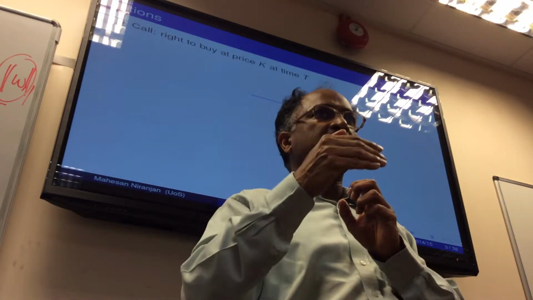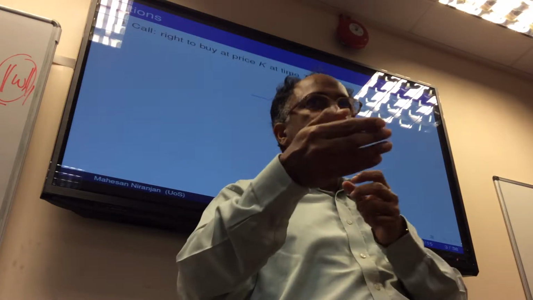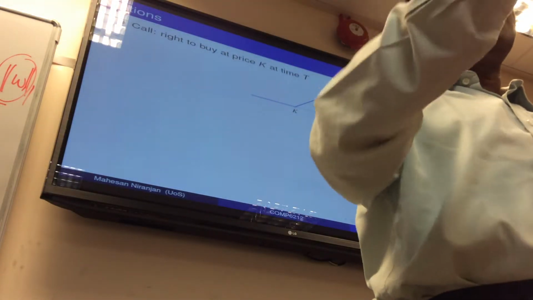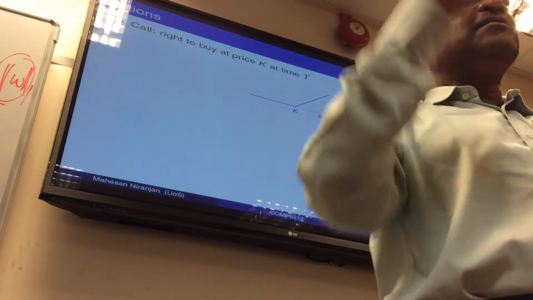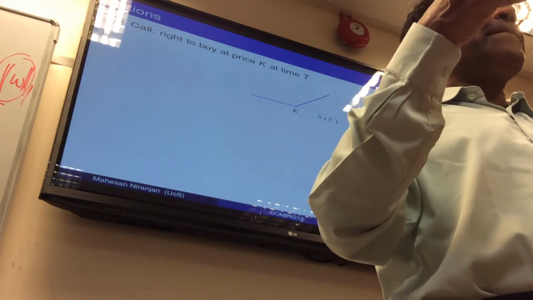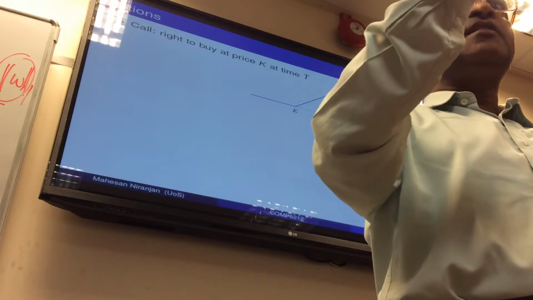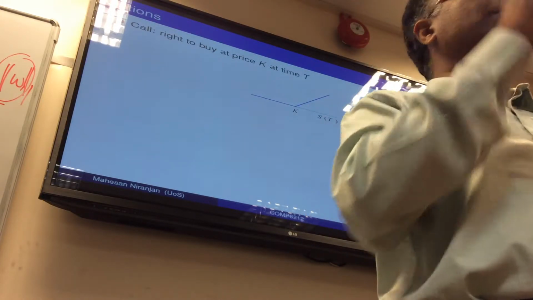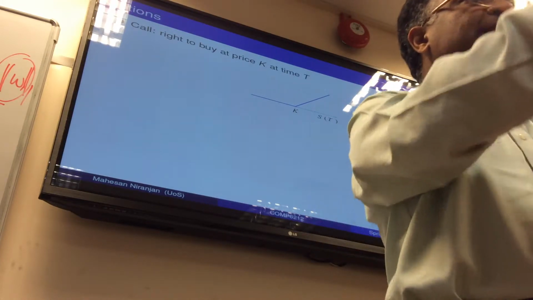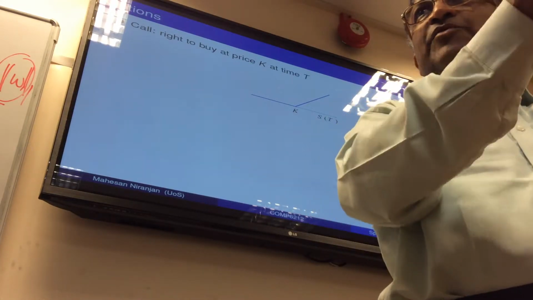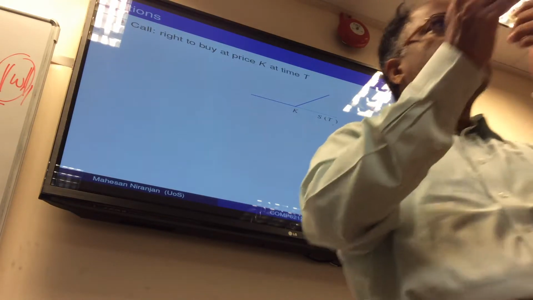That's a call option. Equally, a put option is one where you have the right to sell at a particular price that I have undertaken to honor. If you hold that contract, you can come to me and say, you promised to buy this Southampton University share at value 100, here it is, buy it. And then I have to give you £100 for this. So that's a put option.